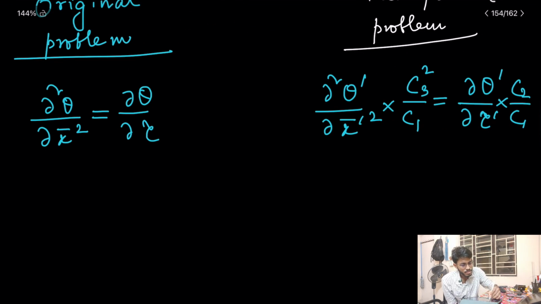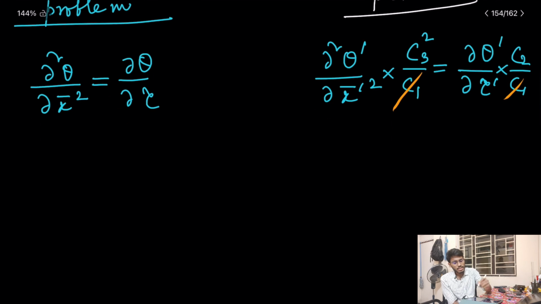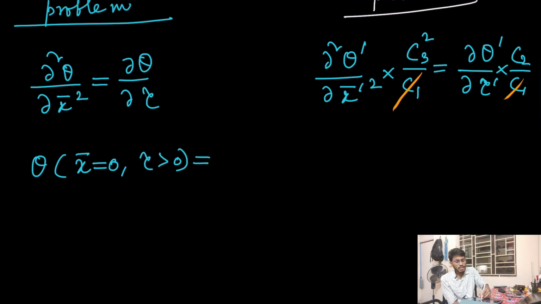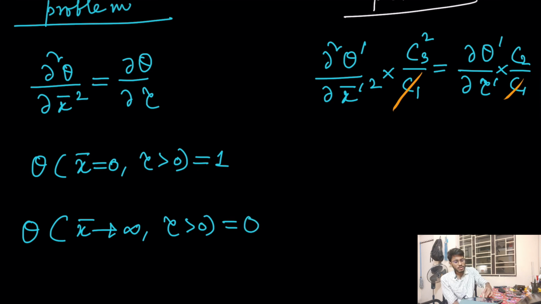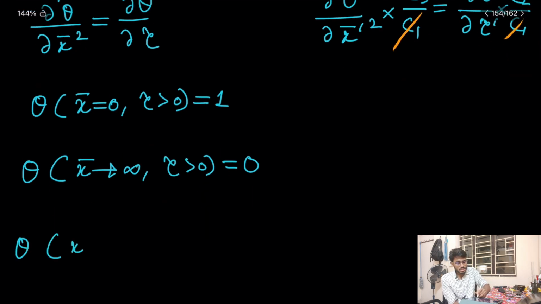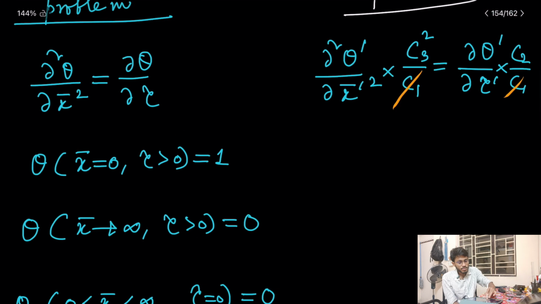Okay, so here this C1 and C1 will be cancelled out. Now let us see the boundary conditions. The first boundary condition was theta at x bar equal to 0, for any tau greater than 0, is equal to 1, and the second boundary condition was this tending to infinity and tau greater than 0 is equal to 0, and the initial condition was this for all x, at tau equal to 0 is equal to 0.